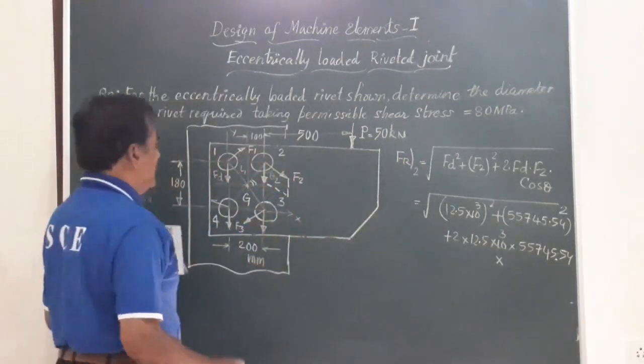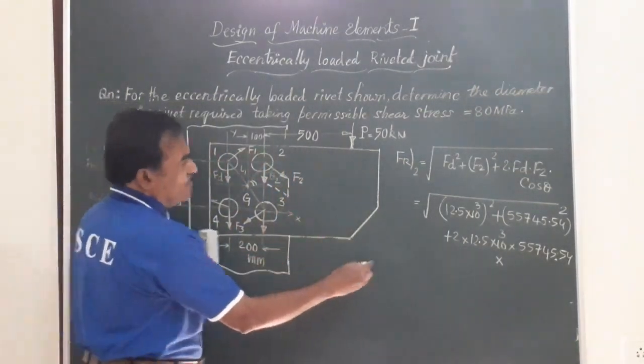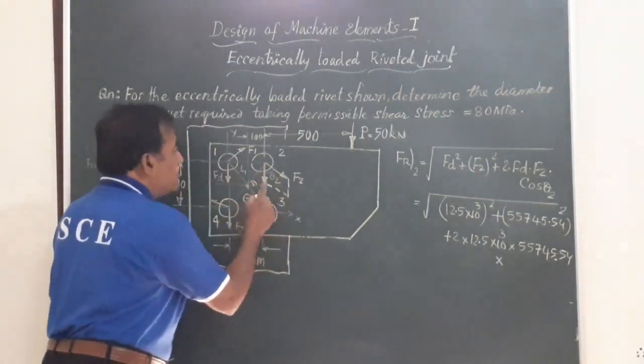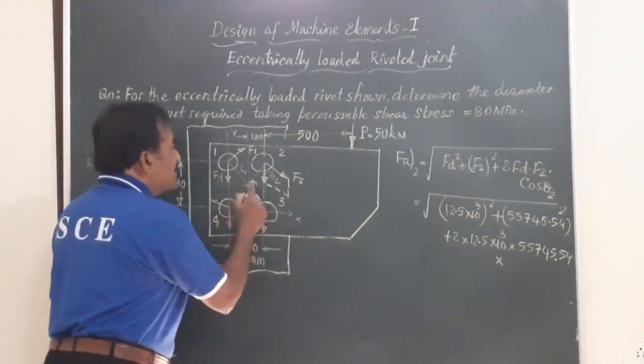What is cos theta, friends? That is cos theta 2 here. It is the angle between the direct load and secondary load, and this is the same as this.